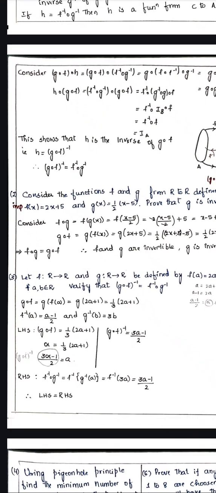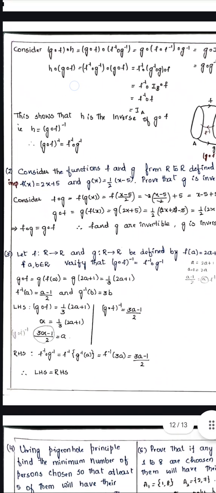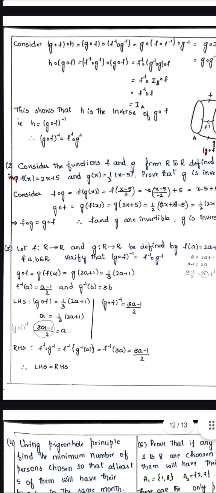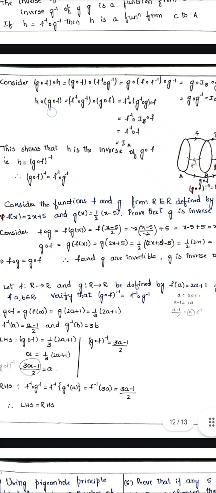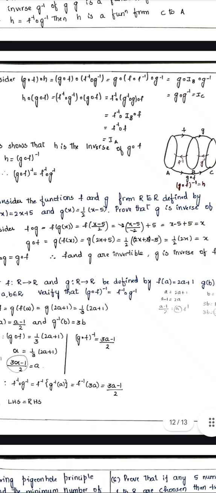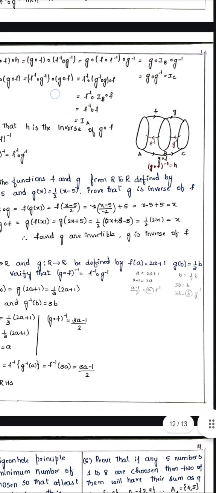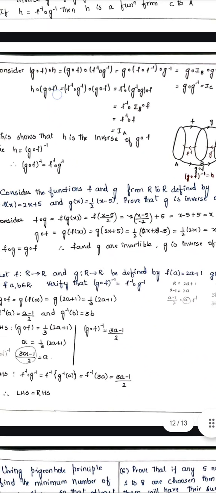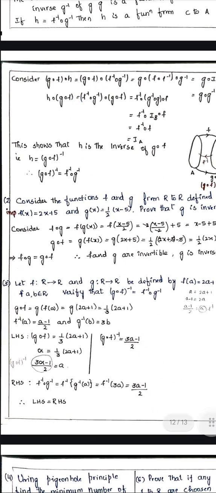Consider the functions f and g from R to R defined by f of x equals 2x plus 5 and g of x equals 1 by 2 of x minus 5. Prove that g is the inverse of f.